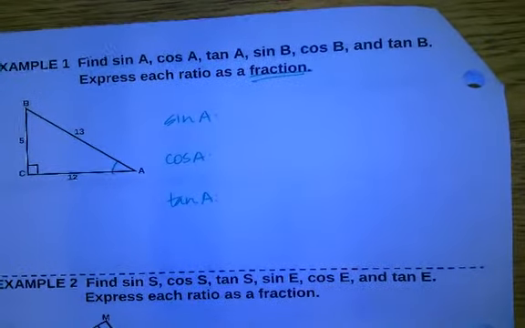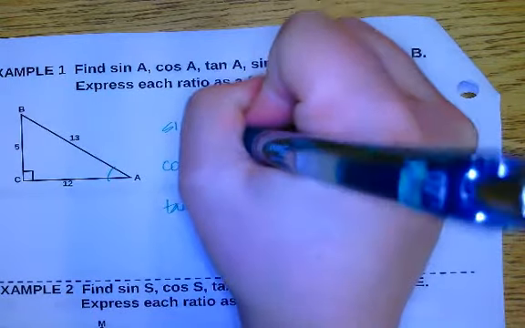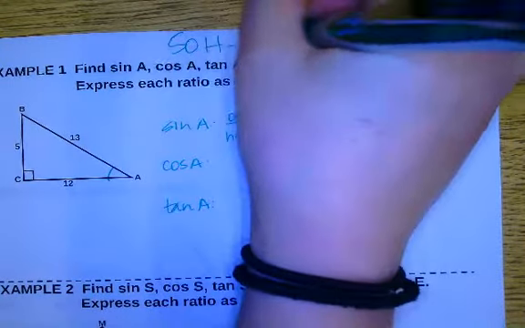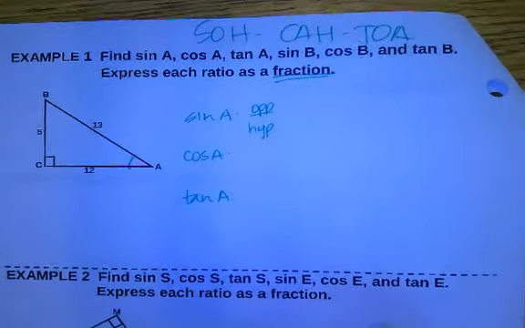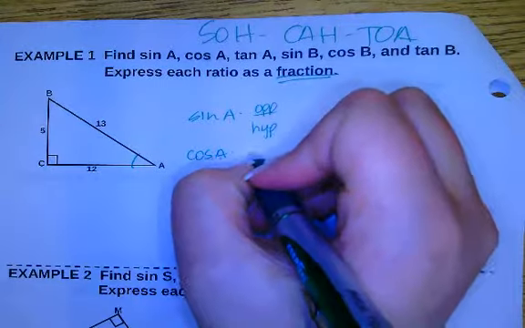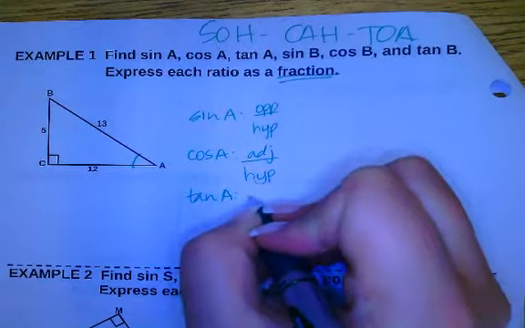How do I find sine? Opposite over hypotenuse. That's your acronym. You can write it at the top on everything. Okay, cosine, how do we find it? And tangent, how do we find it?